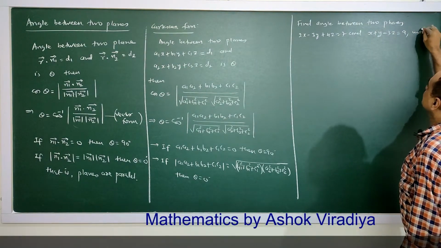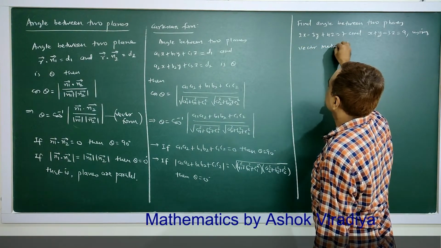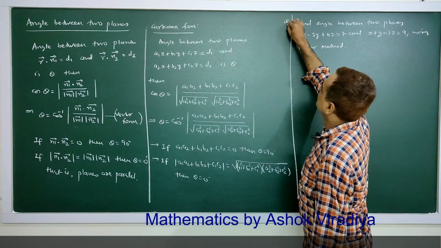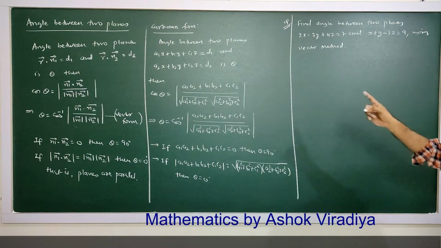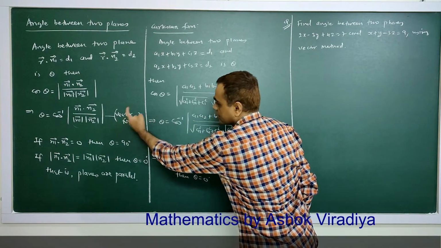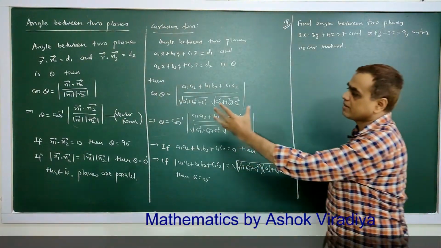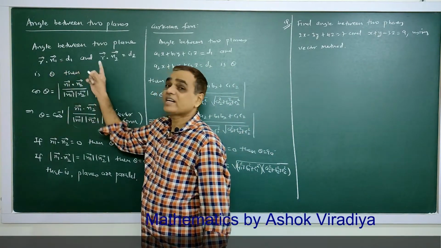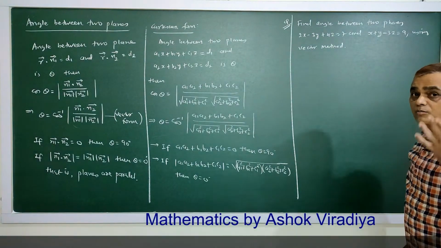Using the vector method, that is by this formula, find the angle between the two planes. To use the vector method we require vector n1 and vector n2, that means the normals of both the planes.